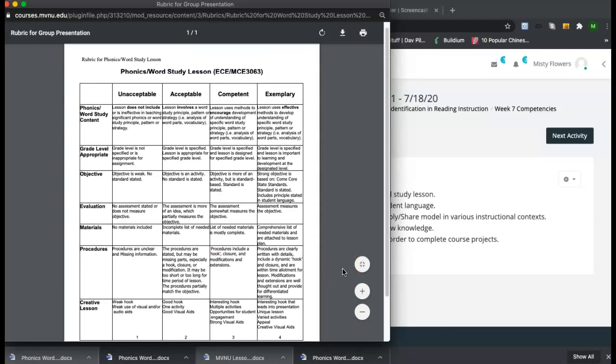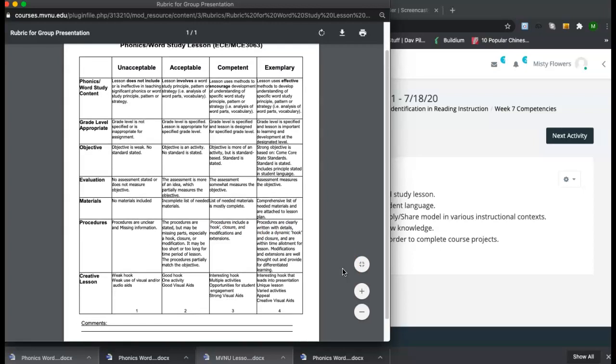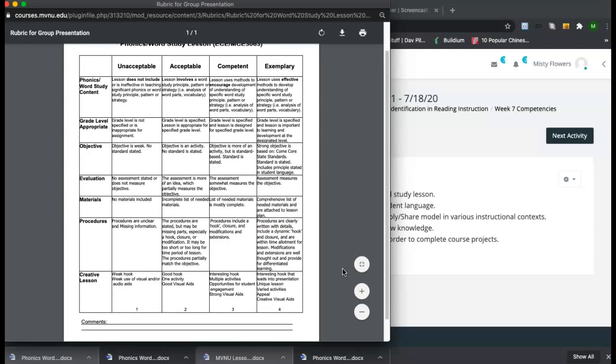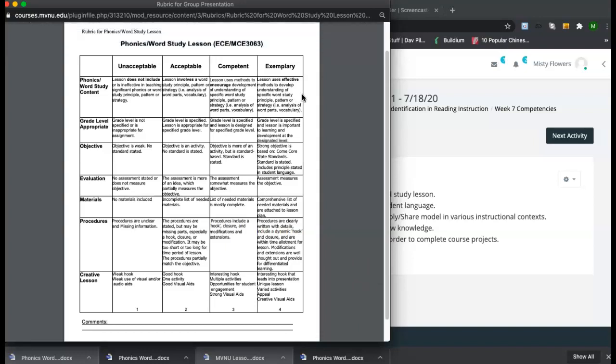This is the rubric that I will use to grade your plan. Look at the exemplary column. This is what we're shooting for. The content of your lesson: does it use effective methods to develop understanding of specific word study principles, patterns, or strategies?